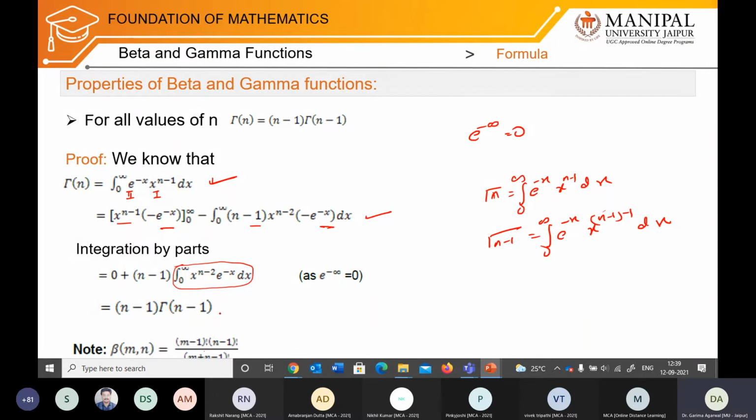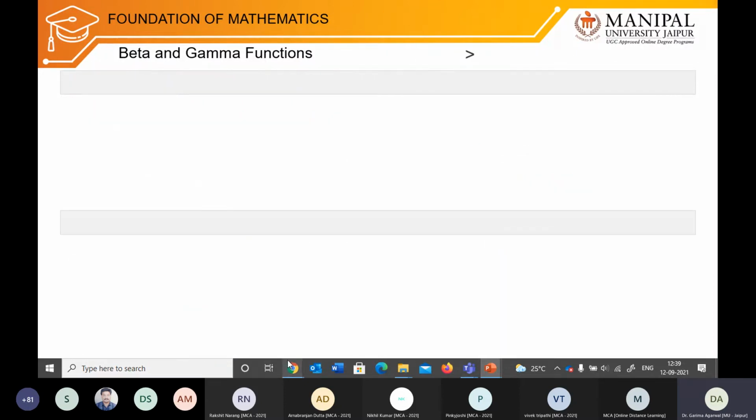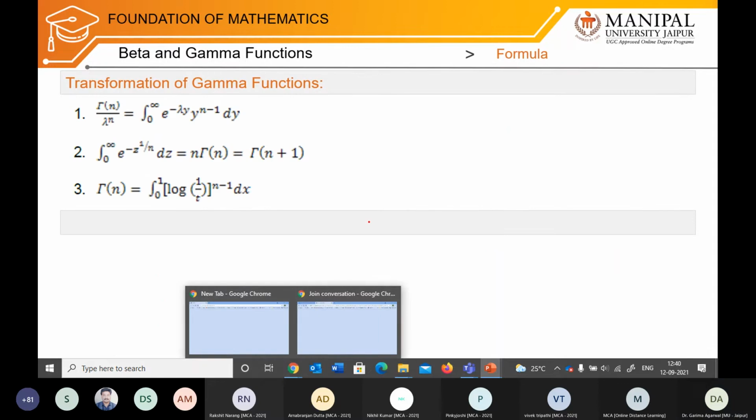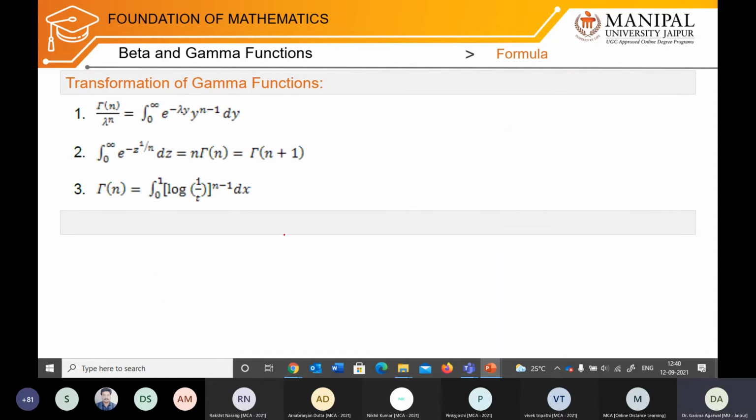So beta m n can be written as gamma m gamma n upon gamma m plus n. Now transformation of gamma function: gamma n upon lambda raised to n, these are standard formulas, is equal to integration 0 to infinity e raised to minus lambda y, y raised to n minus 1 dy.